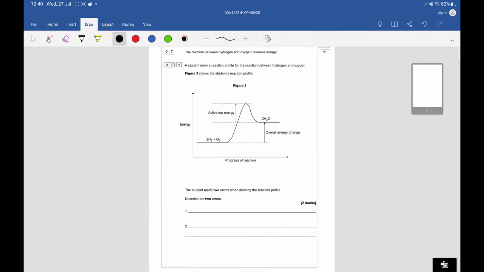Question number 7 showed you this image of a reaction profile. It said there are 2 errors on this reaction profile, and we had to say what those 2 errors are. We know that the activation energy should be from the reactants to the peak.